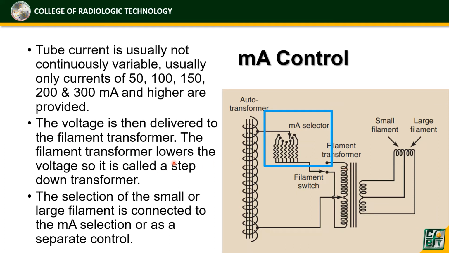Okay, so the filament transformer lowers the voltage. Okay, kaya siya ay step down. Then the selection of the small or large filament is connected to the MA selection or as a separate control. Okay.